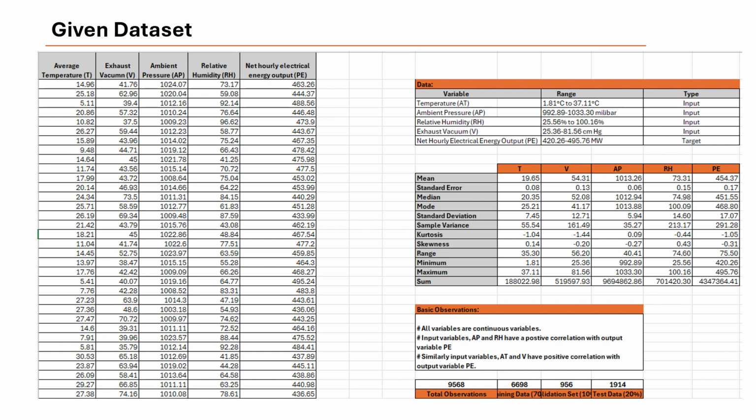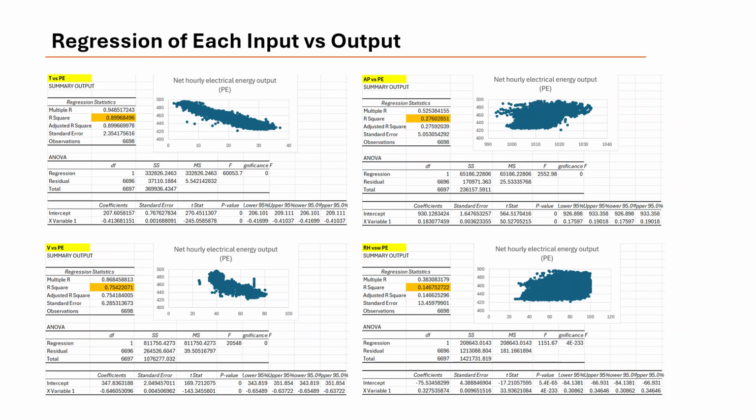Let's first determine which feature or variable we should use in this model. For this first step, I have performed linear regression for each of the features versus the output. Here are the results from the linear regression performed for each input. Firstly, we have considered the R square values for each.